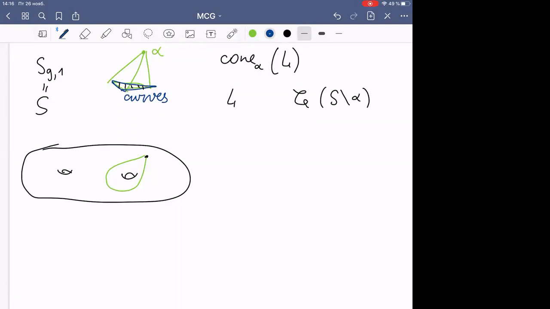if we take a genus g surface with one puncture and we delete the arc, what can happen?